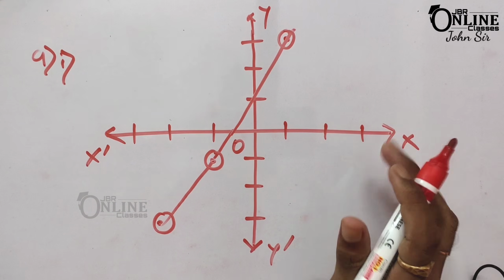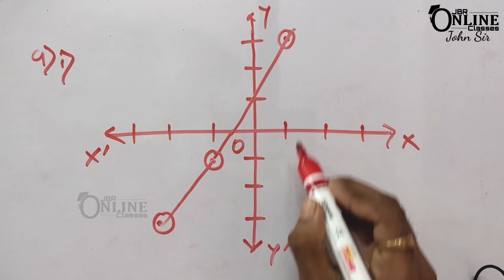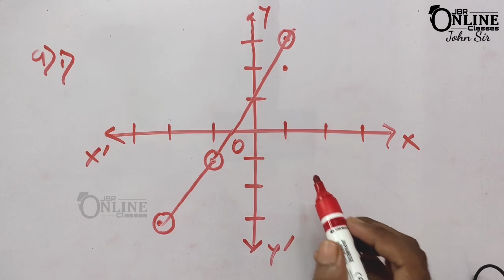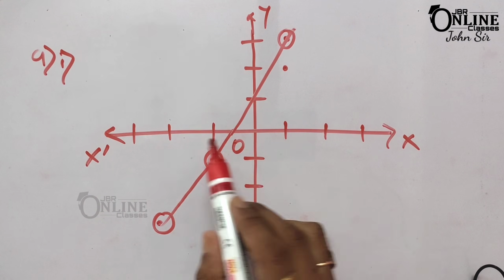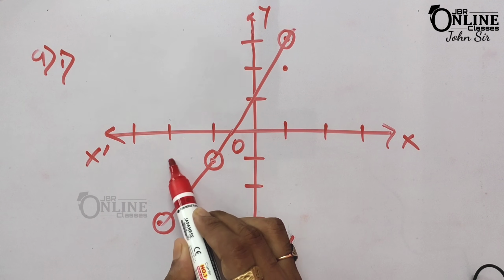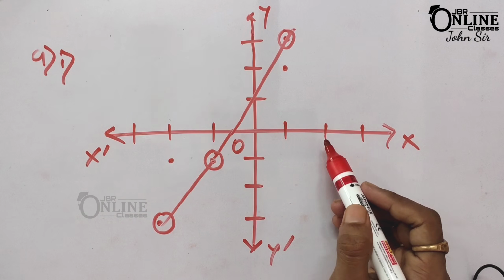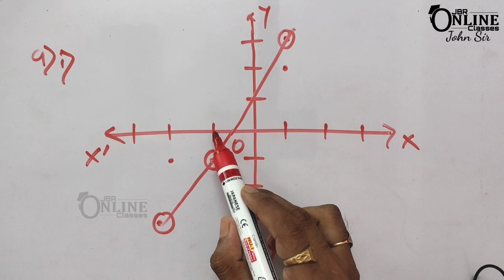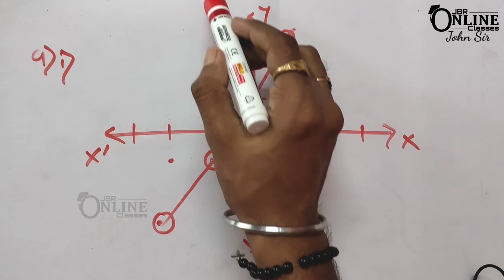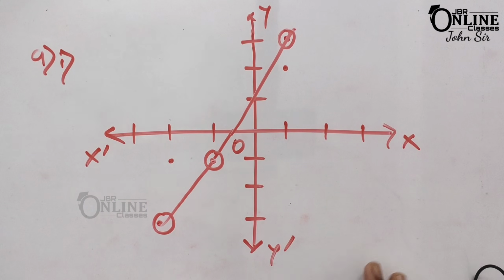Now the next one, 1 comma 2, that means here 1 comma 2. Next 2 comma minus 1, so 2 and then minus 1 here. And the third point is minus 1 and then 4. Okay, 4 means here, so that means out of the board.